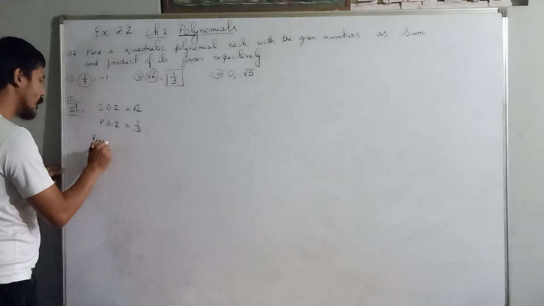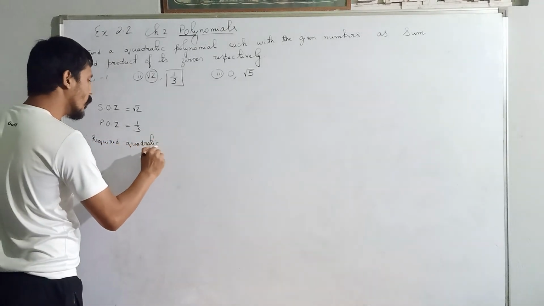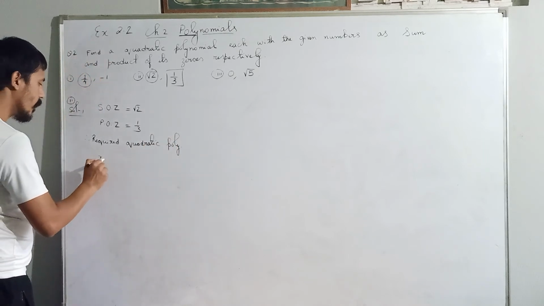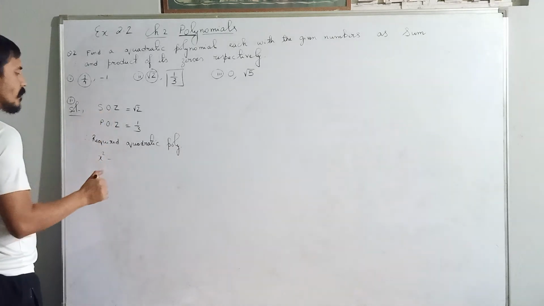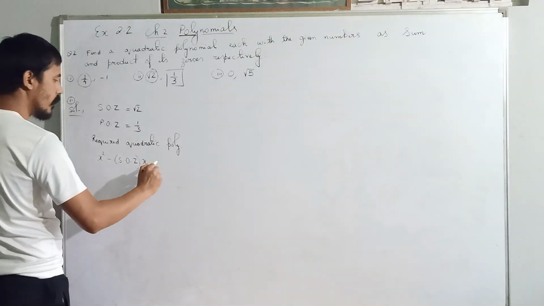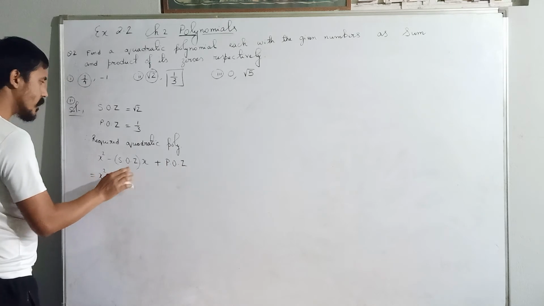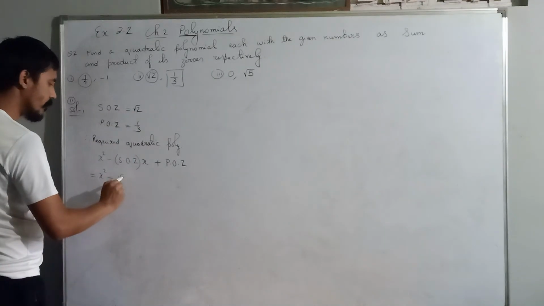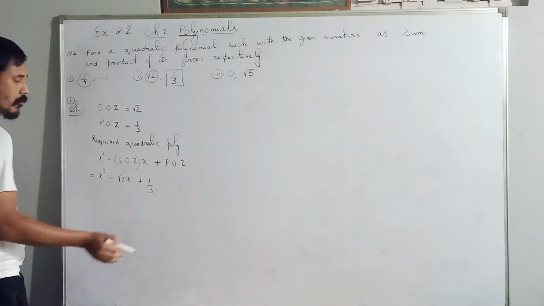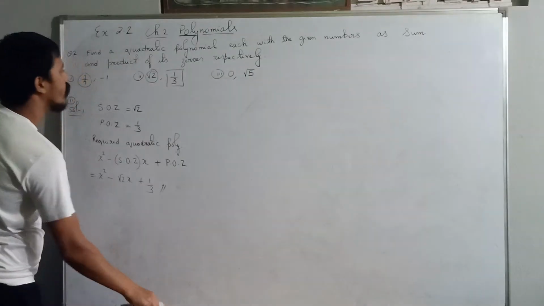So our required quadratic polynomial is given by x squared minus sum of zeros times x plus product of zeros. So x squared minus square root of 2 times x plus 1 by 3. No rearrangement is required, so that's your required polynomial. Okay, clear?